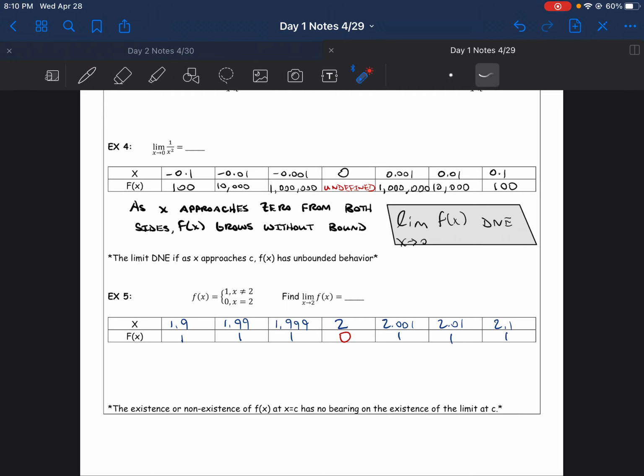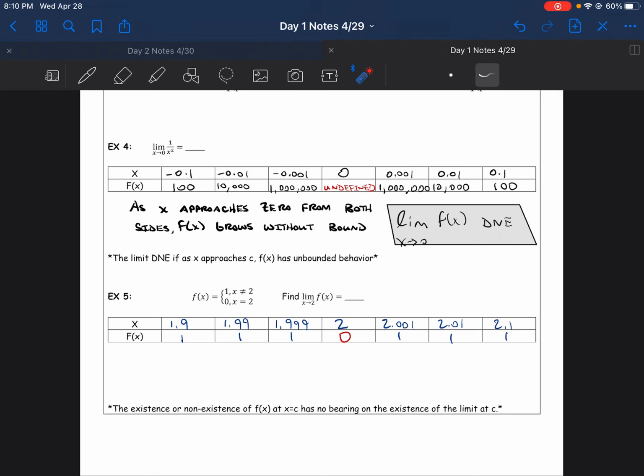So with this one, we might be tempted to say, well, at 2 itself the function value is 0, so the limit must be 0, right? But that's not how it works. The limit is what the function values are approaching as we get closer and closer to 2. It is not the value at 2.